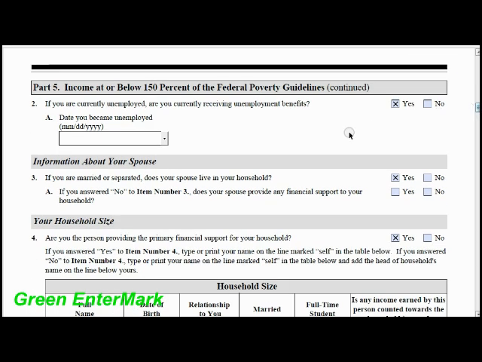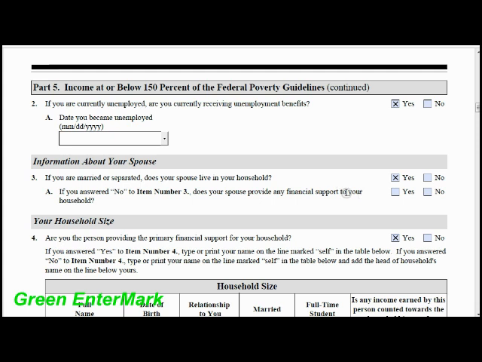Then information about your spouse, whether you are married or separated. Does your spouse live in your household? And if you answered no to item 3, does your spouse provide any financial support to your household? If you are getting any benefit from your spouse, or you are supporting your spouse, you have to mention that in this form.